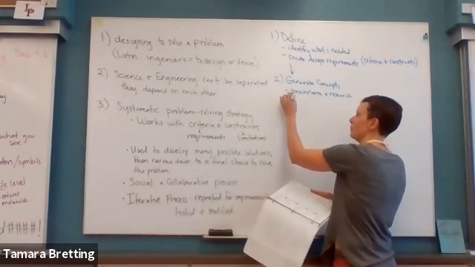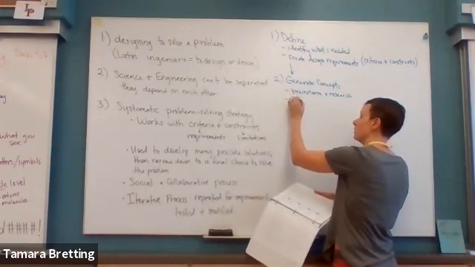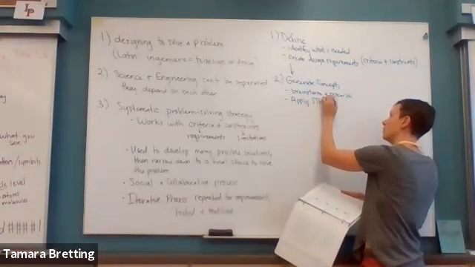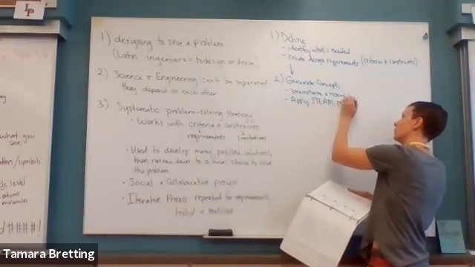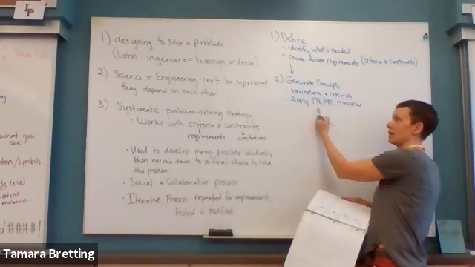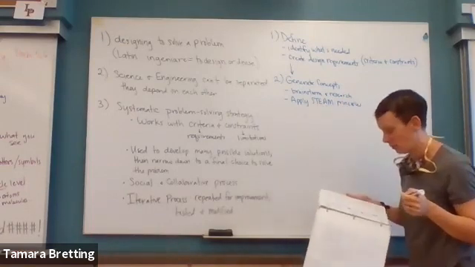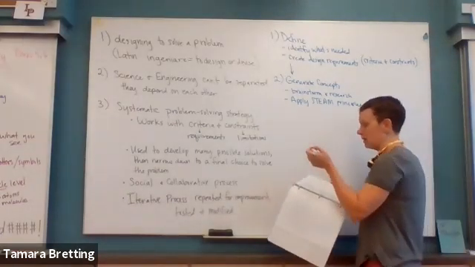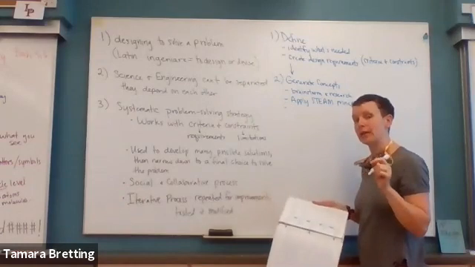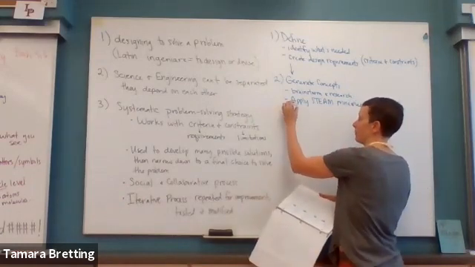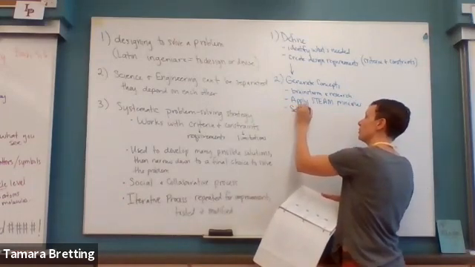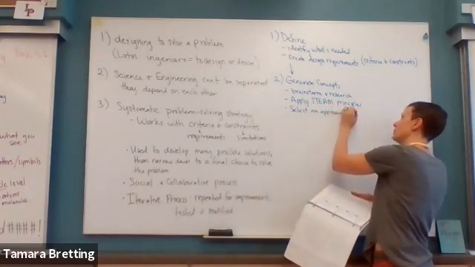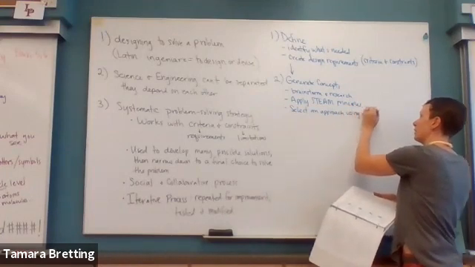Apply STEM principles or STEAM principles: science, technology, engineering, art, mathematics. And then select an approach using a design matrix, which we're going to go over on another page here.